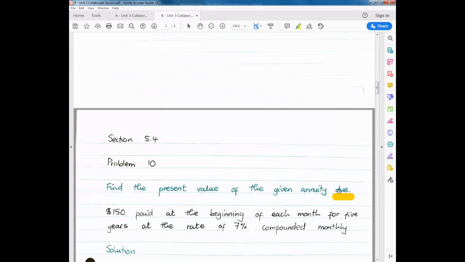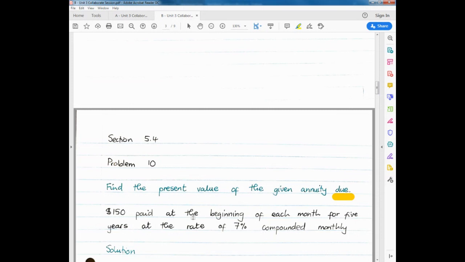Although the question already told us that's annuity due, it's good that we tend to associate annuity due with payments at the beginning of a period. Okay, so this is done each month, so we know that we're dealing with an M of 12, for 5 years, so an N of 5, at the rate of 7% compounded monthly. Okay, so let's evaluate this R of 150 with these values.